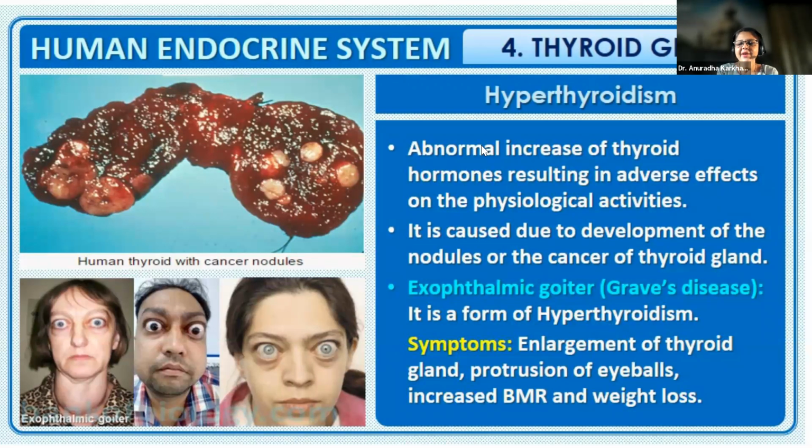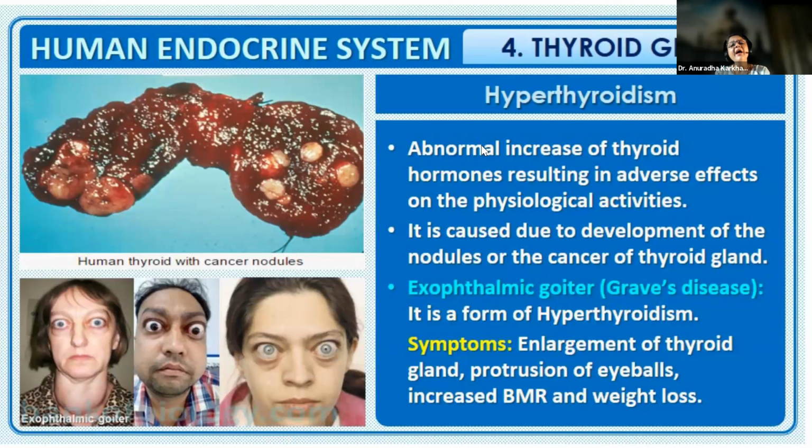In case of hyperthyroidism, there is an abnormal increase of thyroid hormones resulting in adverse effects on the physiological activities. So your entire physiological activities will be at stake. What causes hyperthyroidism? Probably the amount of TSH being produced by the pituitary gland is too high. It is not having any control.